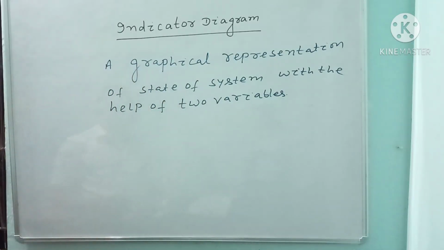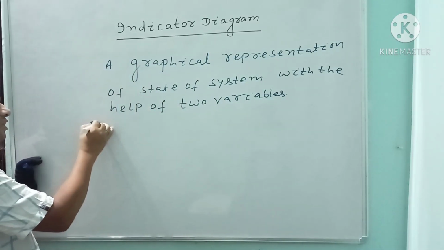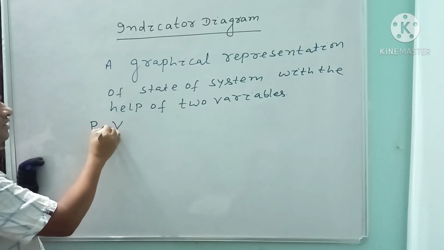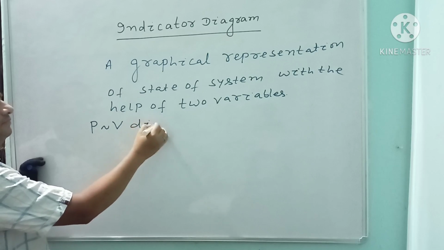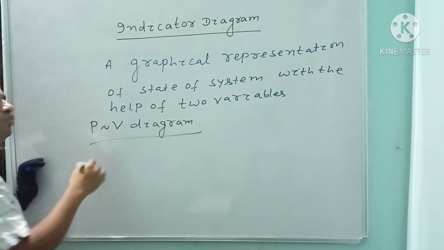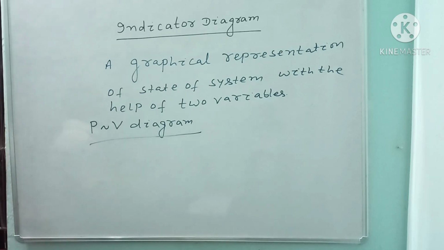So if I take PV, pressure and volume, this is called PV diagram. So what is this PV diagram? It is a diagram between pressure and volume of a system.